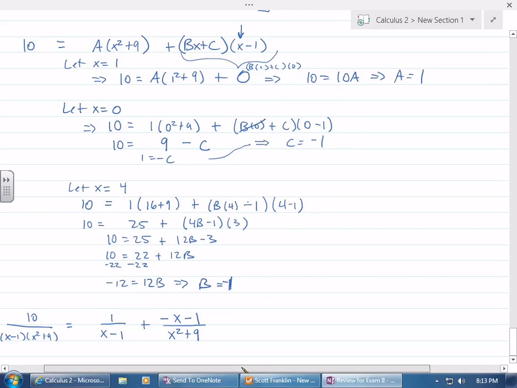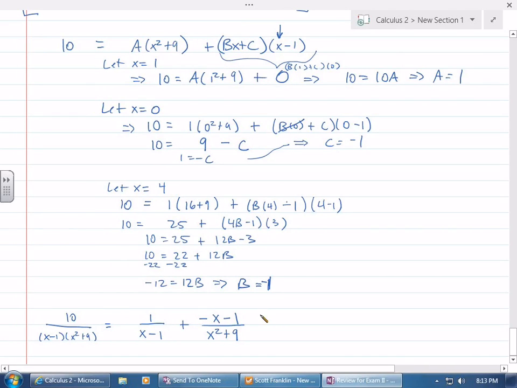In fact, it's one step further to integrate. Generally, when you have an x squared like this, you split this up into 2. So I take one more step and do 1 over x minus 1 minus x over x squared plus 9 minus 1 over x squared plus 9. Just split up the numerator.